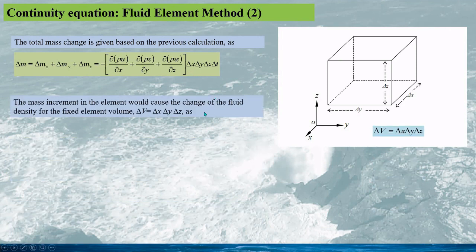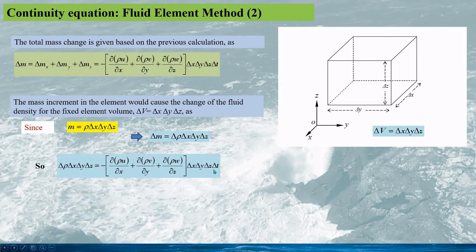At the same time, since the volume of the fluid element is fixed, delta V given by delta x times delta y times delta z, the mass is given by this formula. Its increment would also cause the change of density as this. So putting these two mass increments together, we have the equation as this. And we can write the equation as this.